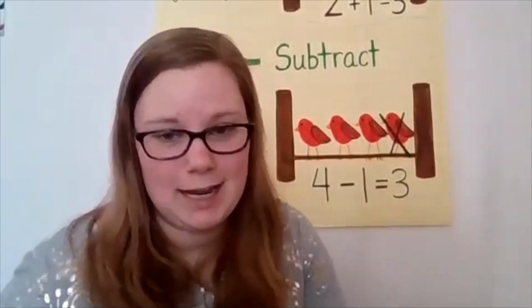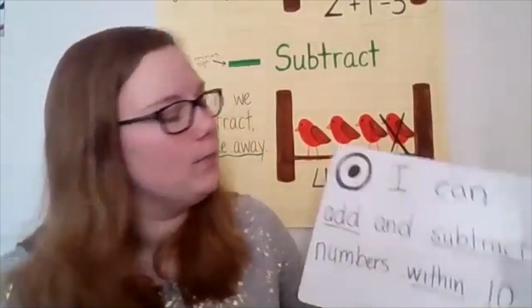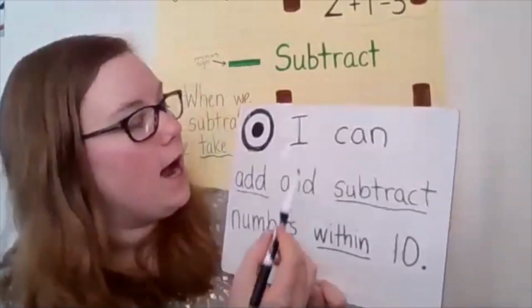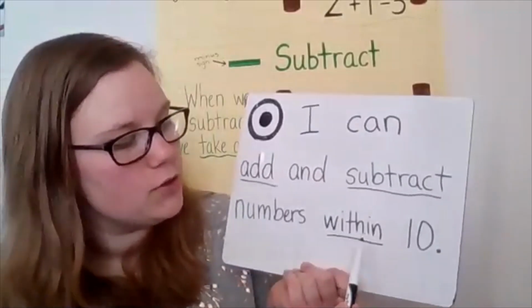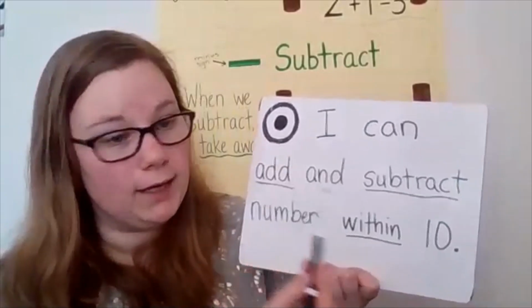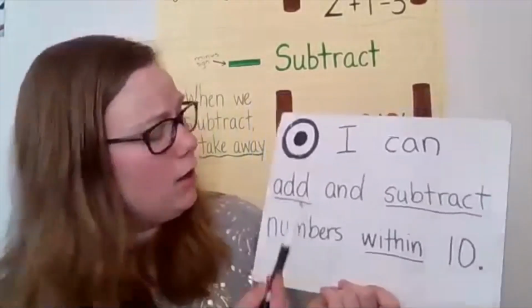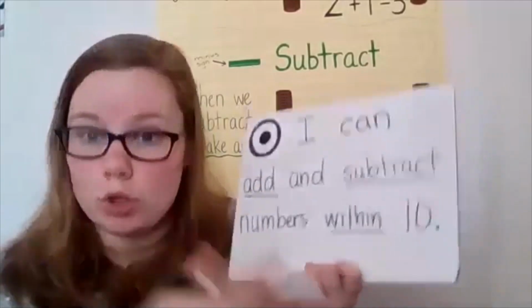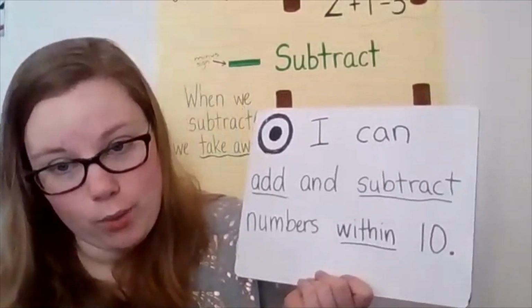and subtraction today. So let's talk about our learning target for today's lesson. Our learning target today is I can add and subtract numbers within 10. So we're going to talk a bit more about what add and then subtract means today, but just for a quick understanding, when we say add, that means to join together, and when we say subtract, that means to take away.